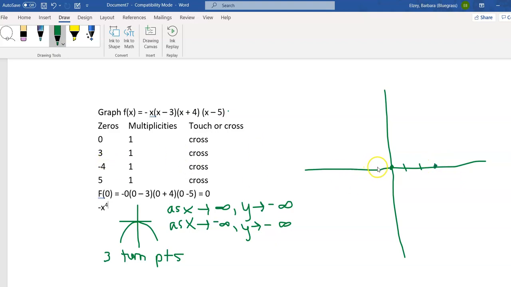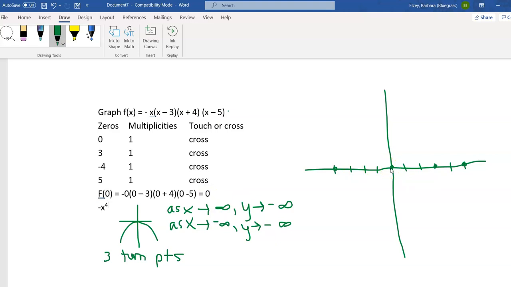Negative 4. 1, 2, 3, 4. There's my third point. And positive 5. Let's see, that was 3, so 4, 5. Here we go. All right, now we graph our y-intercept. Well, the y-intercept is 0, 0, which is that point right there. So we don't have to put that on there.